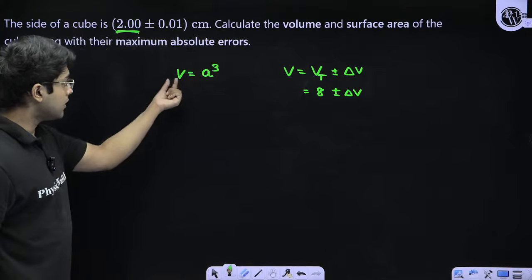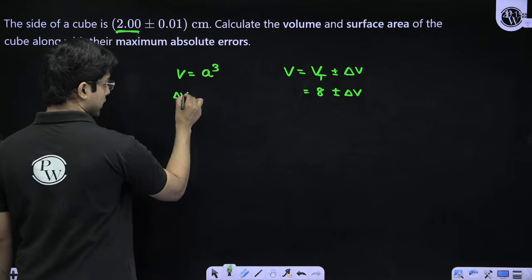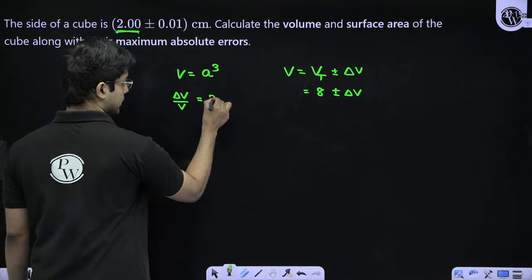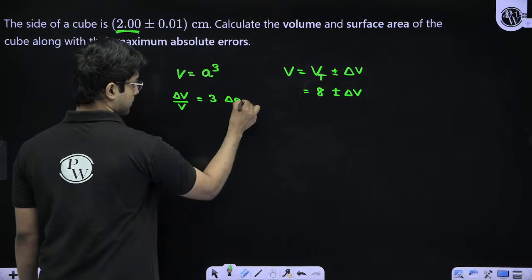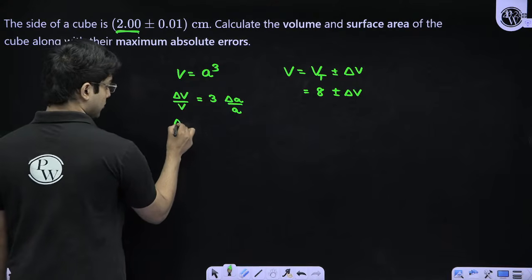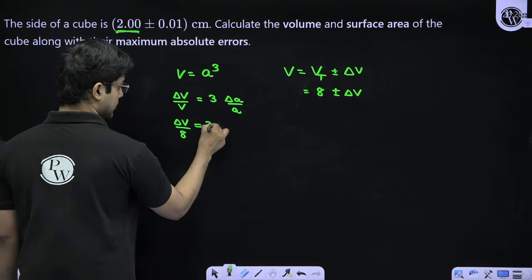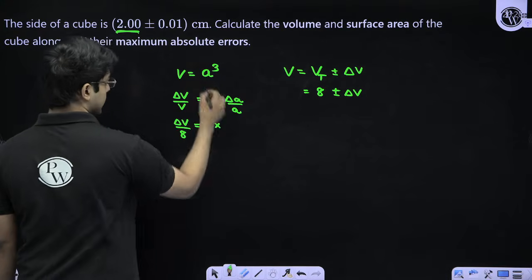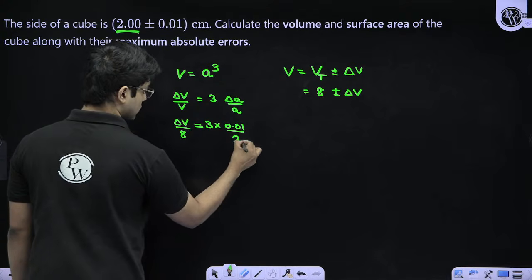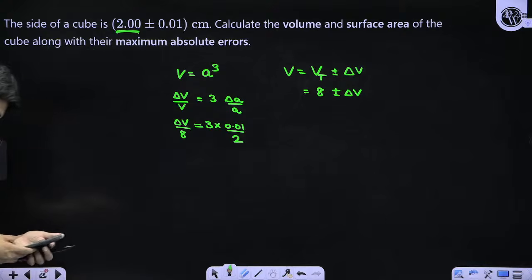Now we need the error in volume. Here we have that exponent form, so use the fractional or relative error formula. Delta V by V equals 3 into delta A by A, right? So error in volume divided by true value of volume, which was 8, equals 3 into delta A, which is 0.01, divided by 2.